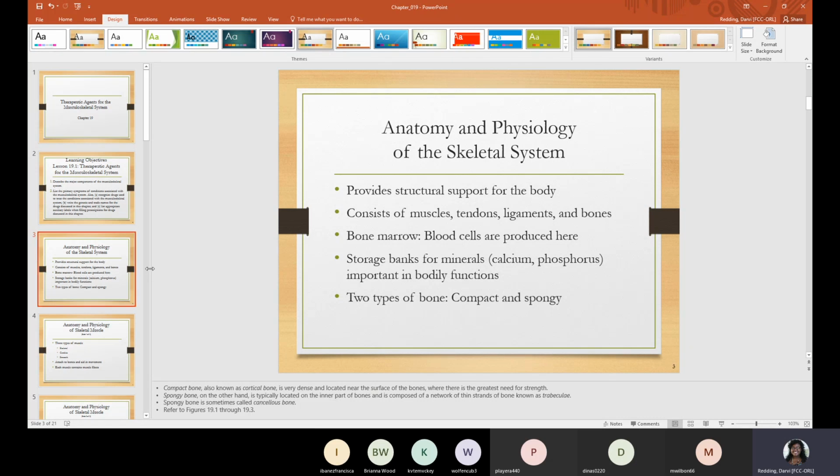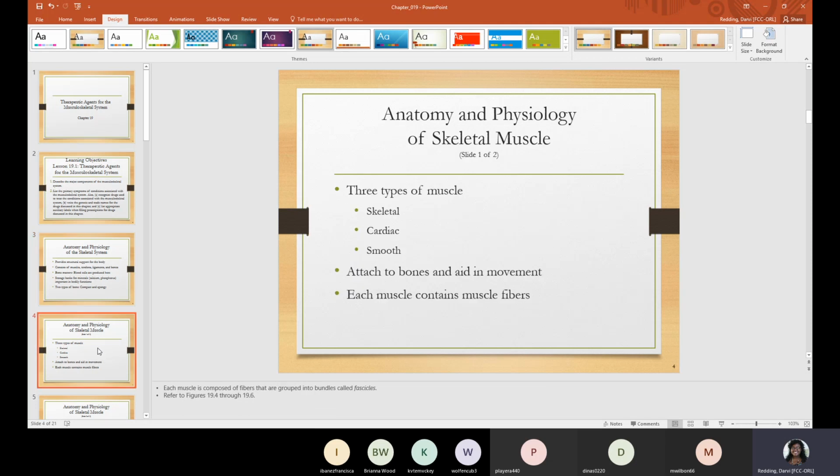Continuing to learn more about the anatomy and physiology of the skeletal muscle, you need to know and understand that there are three types of muscles. There are the skeletal muscles, the cardiac muscle, and the smooth muscles. And all of these types of muscles attach to the bones to aid in movement.